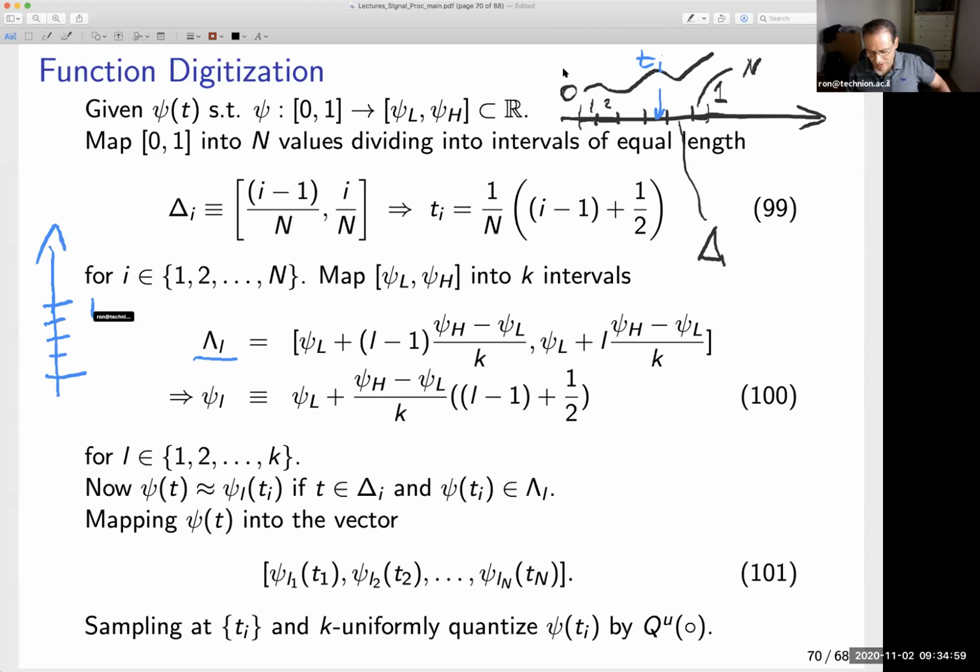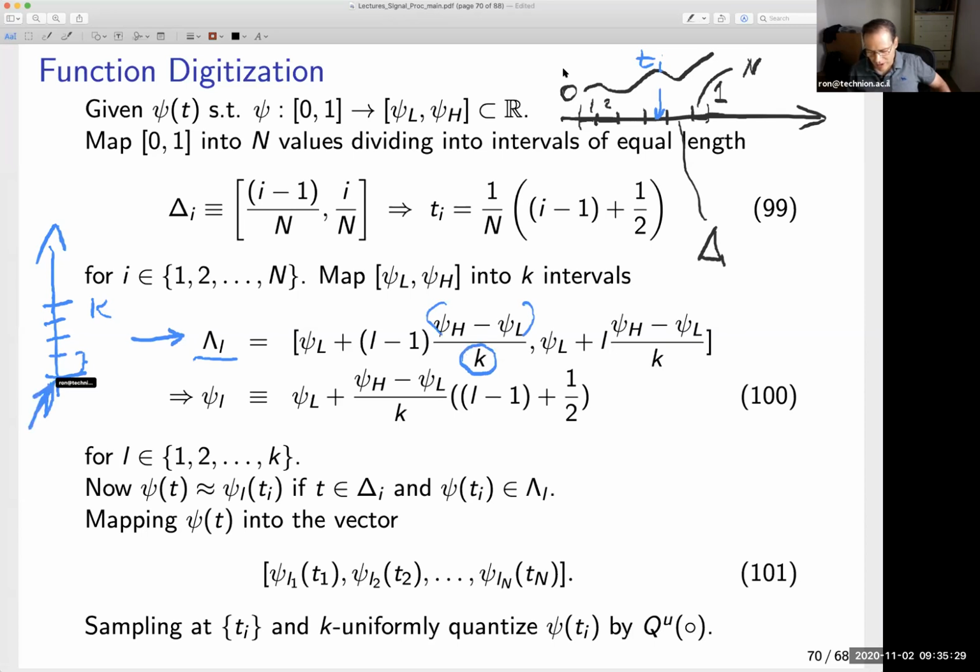So we have capital N for time and small k for values, and each and every interval would be defined. This is the interval in the y-axis, and this is how it is defined. It would be defined from L-1 to L, multiplied by the whole interval divided by the number of levels that we have, and this is how we define where we start and where we end.